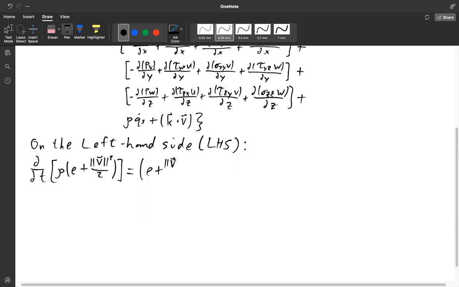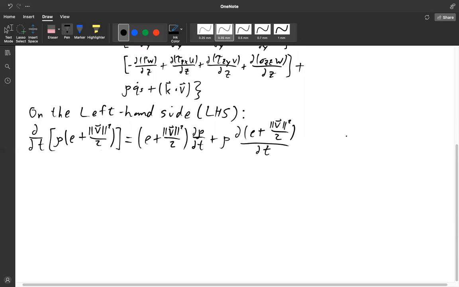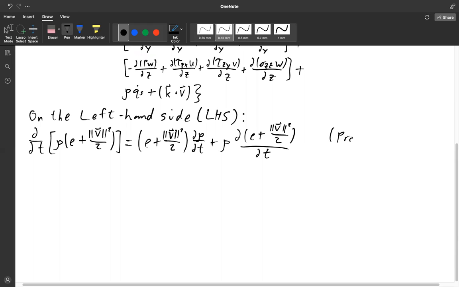Here we are using product rule. Partial rho, partial t, plus rho, partial e, plus velocity magnitude squared over 2, partial t. And we'll say that this is product rule.